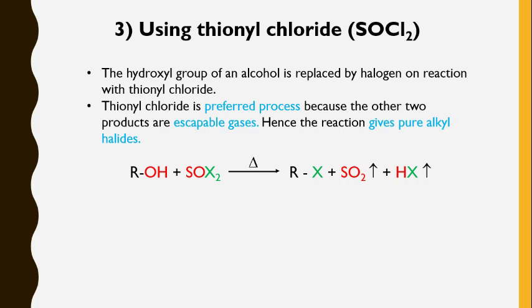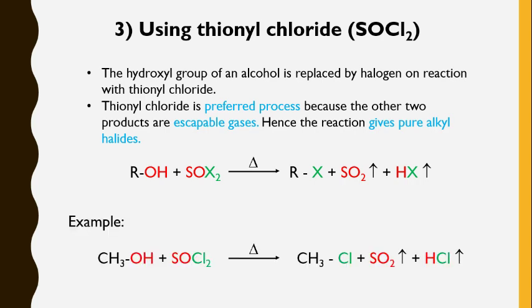See the general reaction. ROH is the alcohol. When it is treated with thionyl chloride, SOX2, it is simply heated. It forms our halogen derivative, and see the two side products: SO2 in gaseous state and HX also in gaseous state. Therefore, there is the presence of an upward arrow.